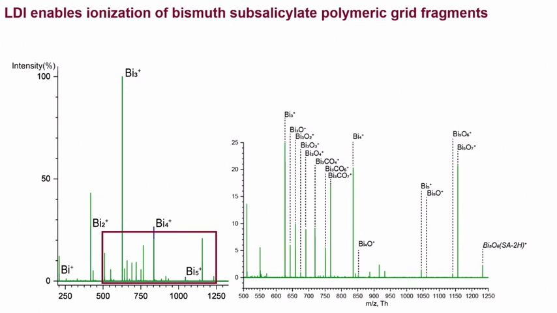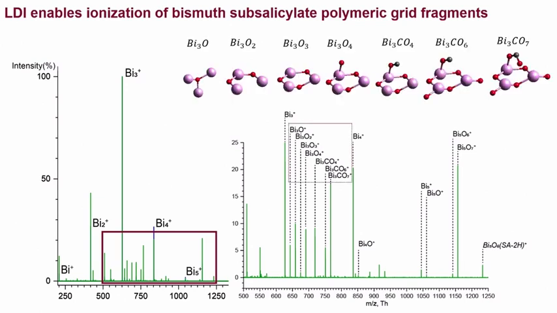And if we try to map these fragments onto the polymeric structure of bismuth subsalicylate, we can observe that all of these ions derive from the cleavage of the polymeric structure of bismuth subsalicylate.